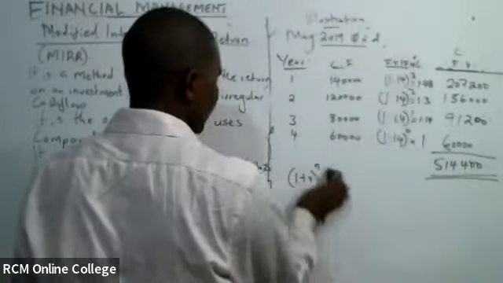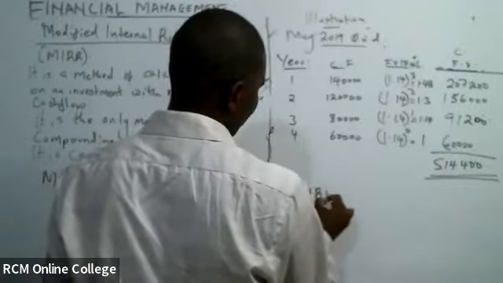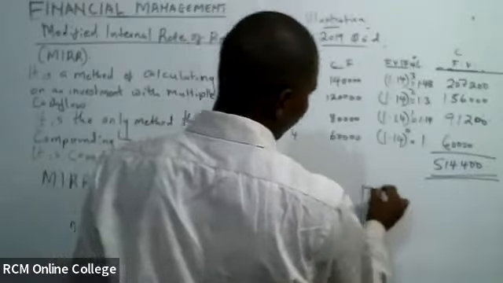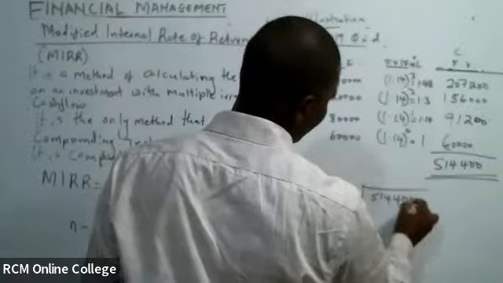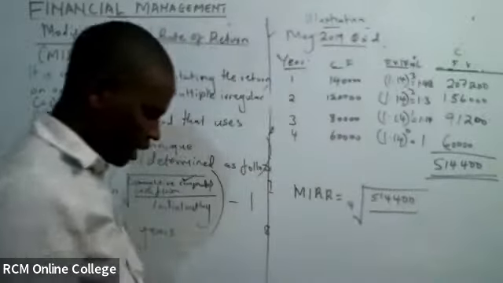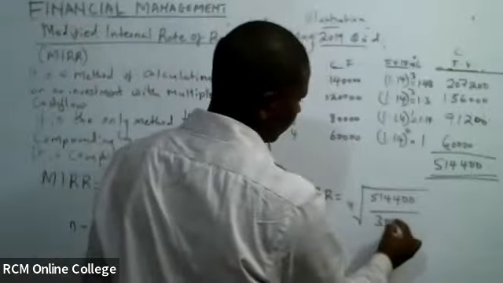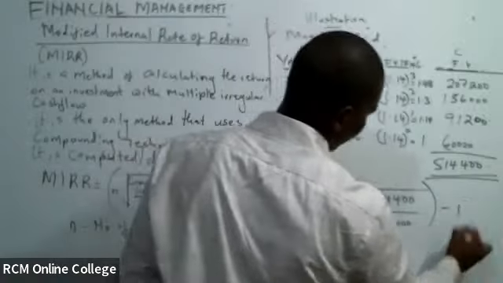And then I can get my MIRR. MIRR is equal to the 4th root of 514,400 divided by our initial outlay, 300,000, then minus 1.